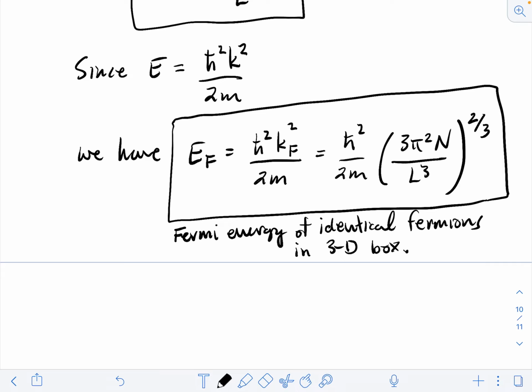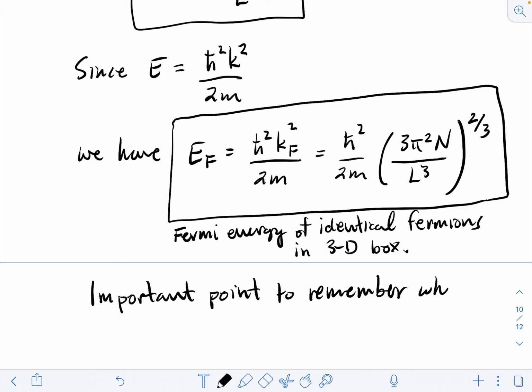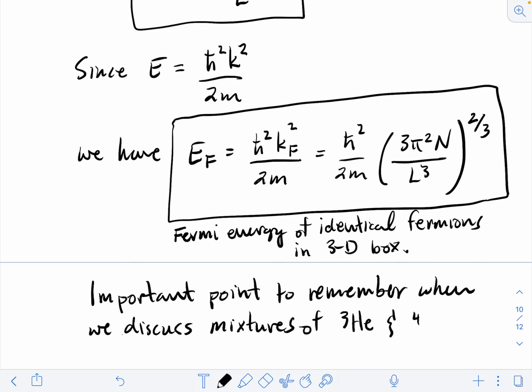So I'm going to end about here. Let me just point out one thing that's important to remember when we discuss mixtures of helium-3 and helium-4.